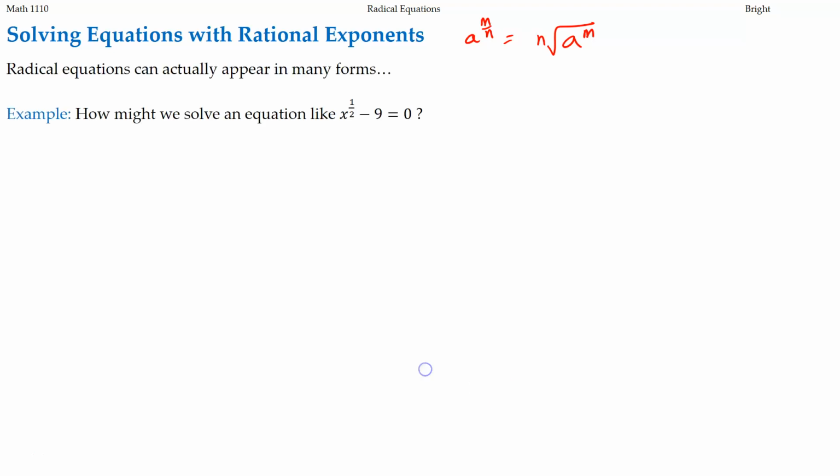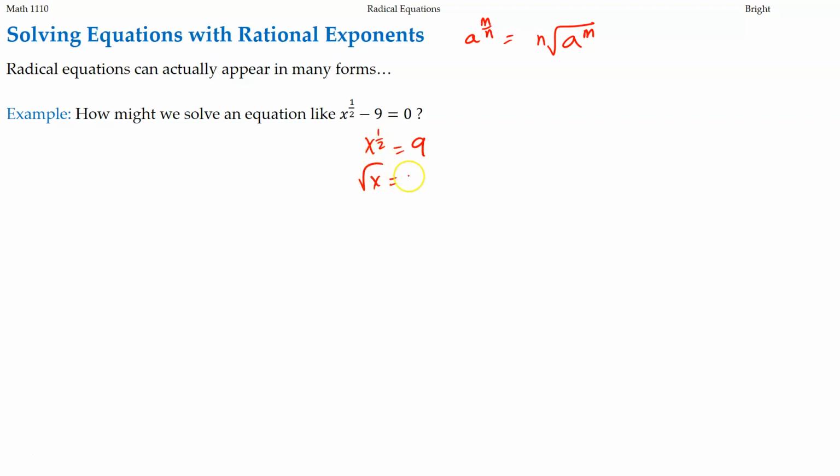So in this one, how might you solve this? I want you again just to think about this first for a moment. Here, you could isolate the x, and that's the same as saying you have the square root of x.